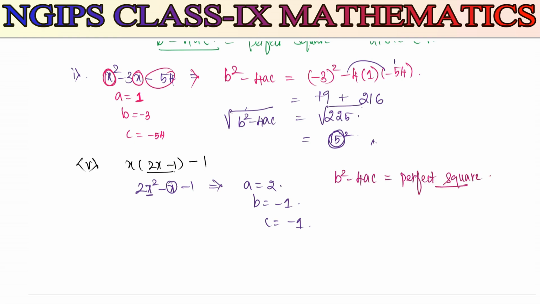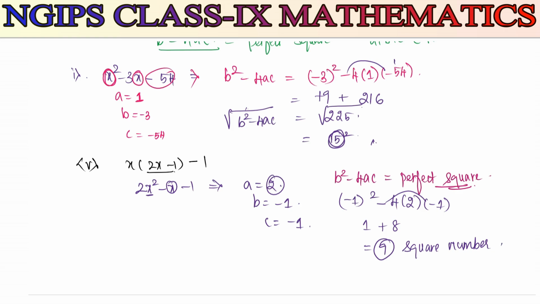We have b as minus 1 whole square, minus 4 into the a value 2, into the c value minus 1. So 1 square is 1, and minus into minus is plus, 4 twos are 8, 8 into 1 is 8, so 8 plus 1 is 9. 9 is a square number. Yes, it is a perfect square, since 3 square is 9, so it is factorizable. Therefore you can write that x into 2x minus 1 is factorizable.